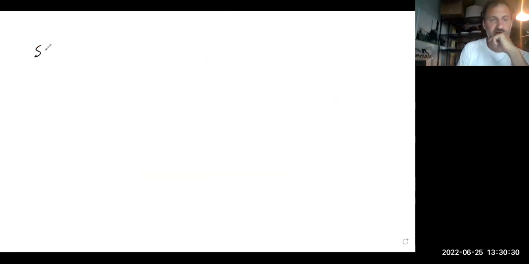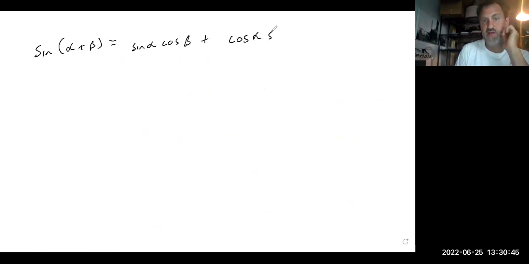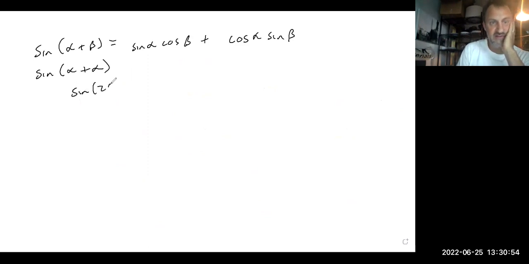We're going to do double angle for sine, starting again from the sum formula. And so the sine of a sum is sine alpha cosine beta plus cosine alpha sine beta. And then we are just going to do the double angle. So alpha plus alpha, that's sine 2 alpha.